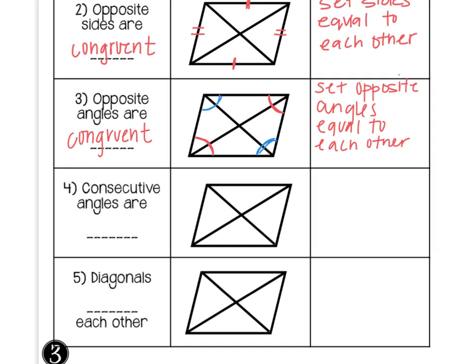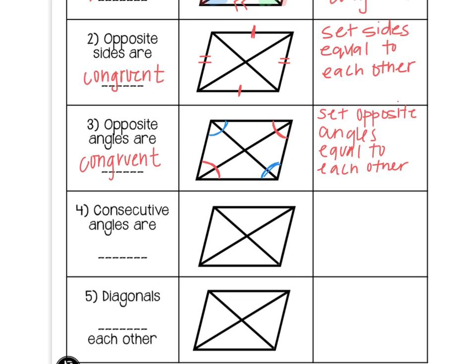Okay, so we have 2 more properties. Consecutive angles are supplementary. If you forgot what supplementary means, you can go back to your definitions that we took last class. Supplementary means that they add to equal 180 degrees. So consecutive angles, if you've forgotten, are angles that are right next to each other. So these would be considered consecutive angles.